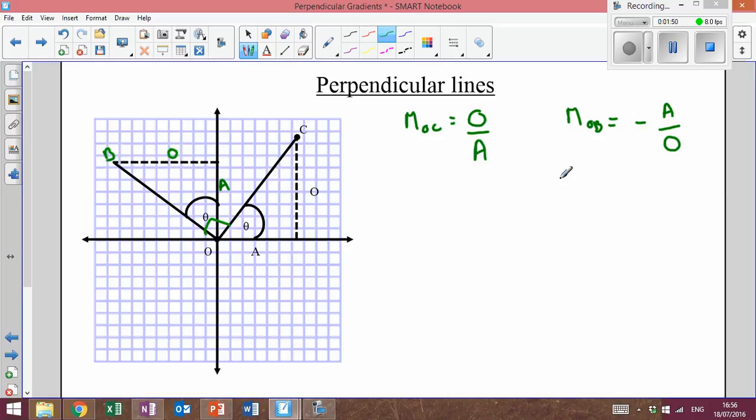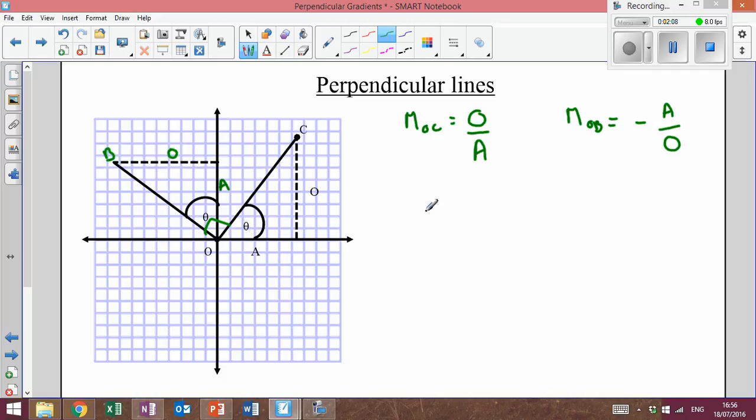Now the first thing I want you to notice is, if they're perpendicular, this fraction here is exactly the same as that fraction there, but turned upside down, and the sign's different. So if we have two perpendicular gradients, in reality all that's happening is we're flipping the fraction and changing the sign.